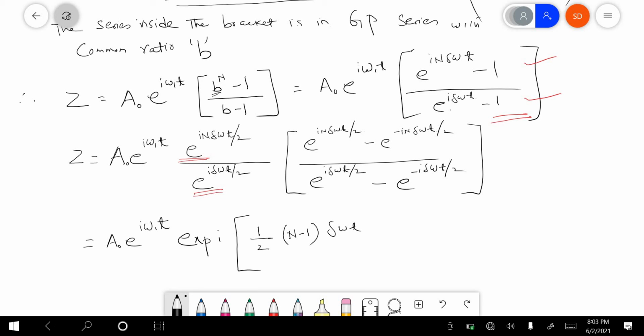So you can understand why I'm writing from this expression to this expression.